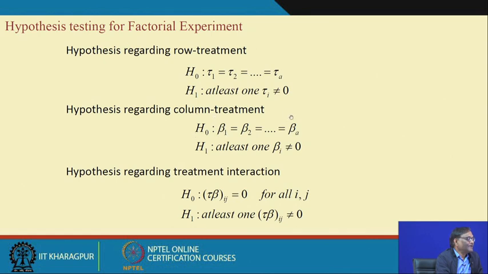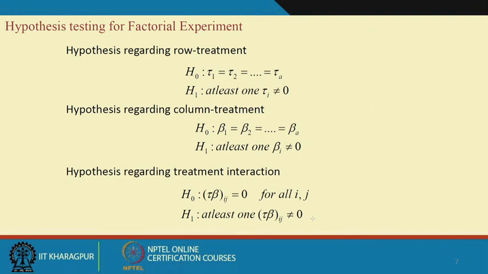Similarly, for the column treatment levels, H0 there is no difference, H1 there is a difference, and the hypothesis regarding treatment interaction: the interaction effects are 0 for all i, j, and H1, at least one tau beta_ij is not equal to 0. So, these are the hypotheses. We basically want to test here three kinds of hypotheses, one for factor A, another for factor B, and another for interaction AB.